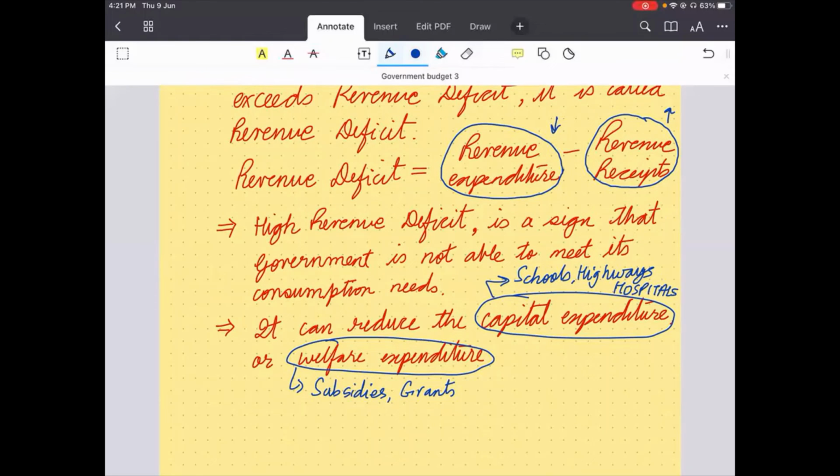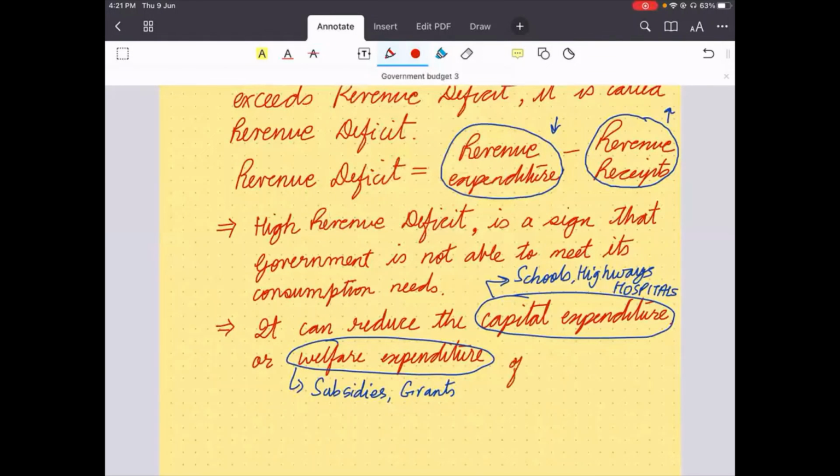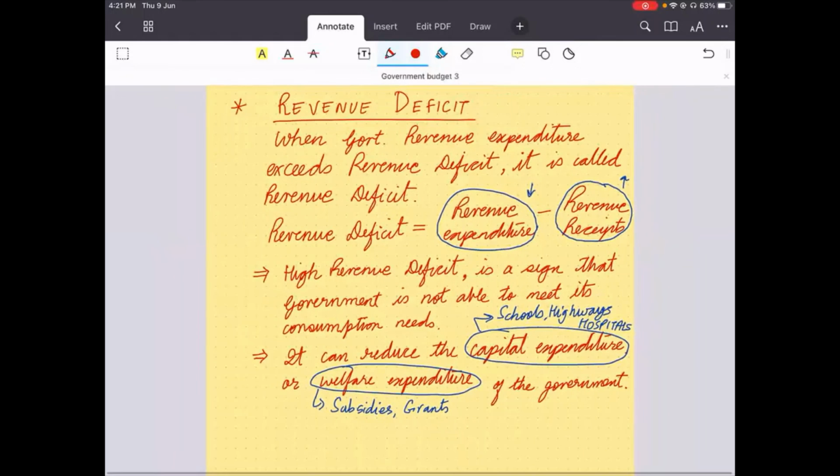So in those areas, it can create difficulties for the government. So do not have a high revenue deficit. It can create burden in those areas.